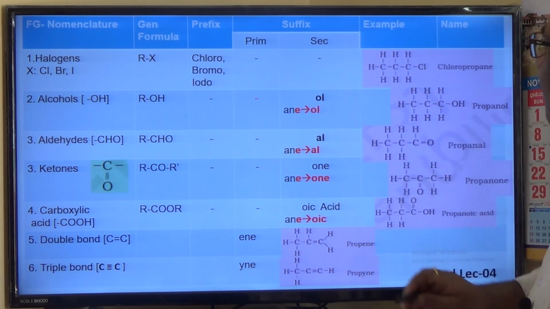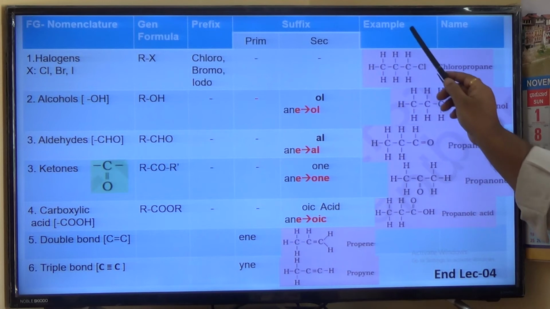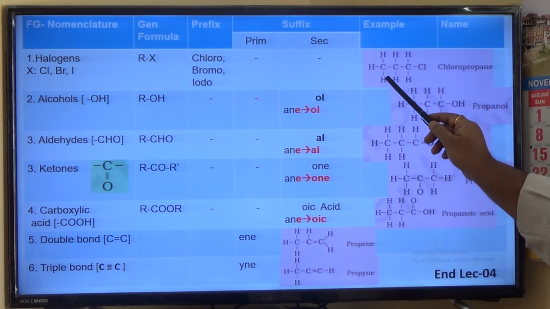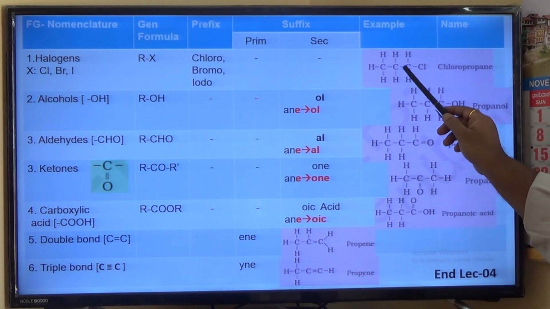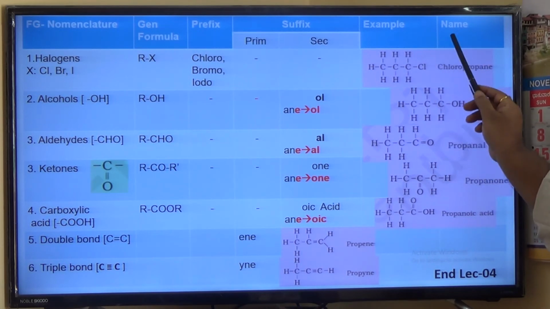That is what we are going to see. And finally, you have one example in the form of a structural formula and the IUPAC name of these compounds.